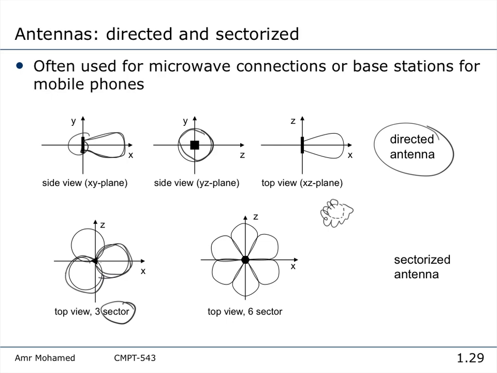Many of the base stations that we use employ sectorized antennas or circular antennas, whether 8 or 12. This is the most common, especially in deployed base stations. If you notice the base stations, you always find a big post, and on top there are different antennas. Each of them is a directed antenna, and they form a circle. So they are all directed antennas.